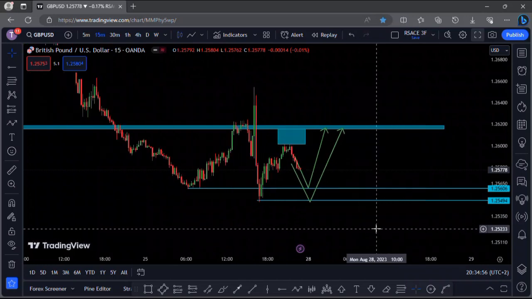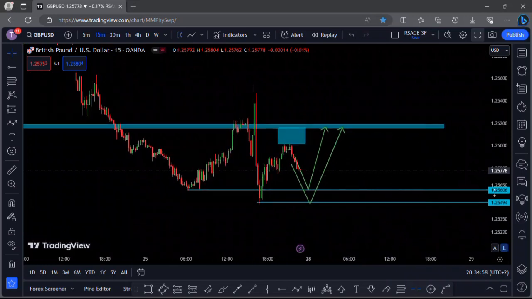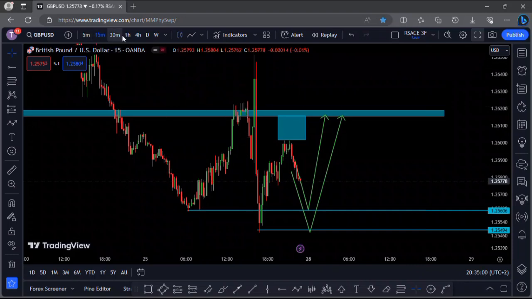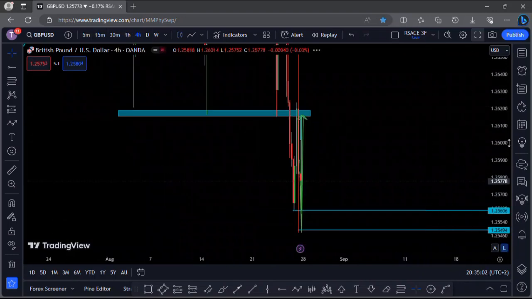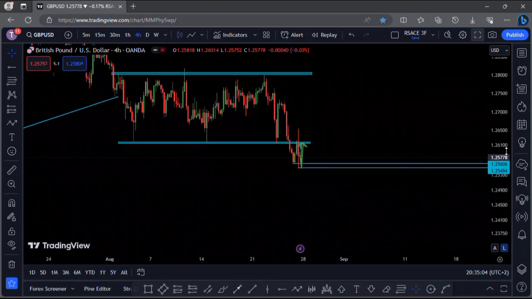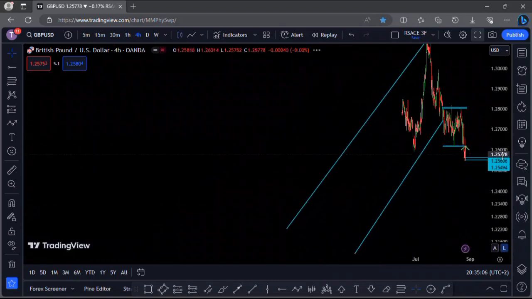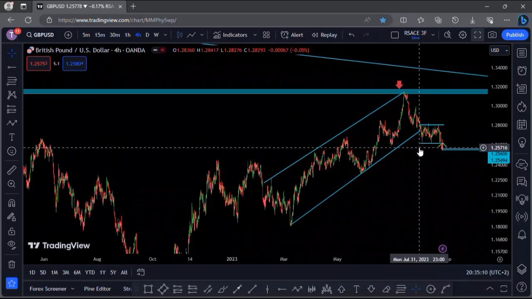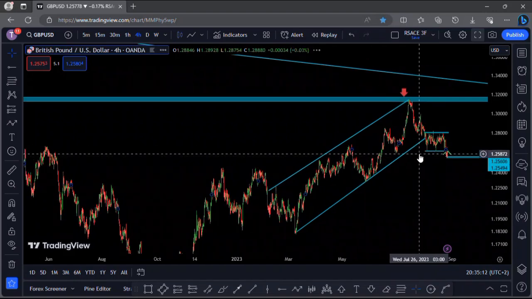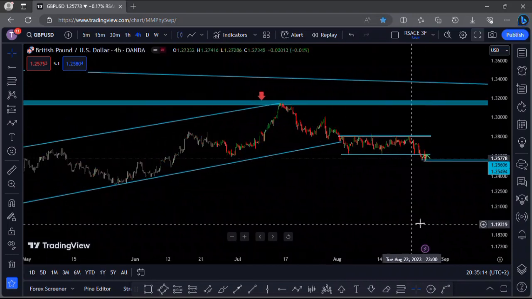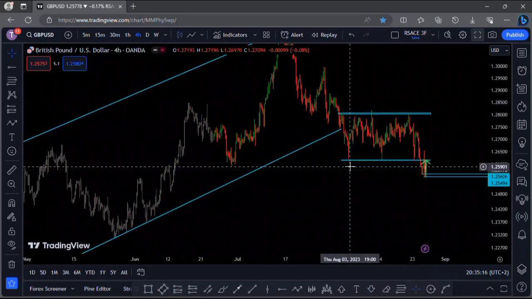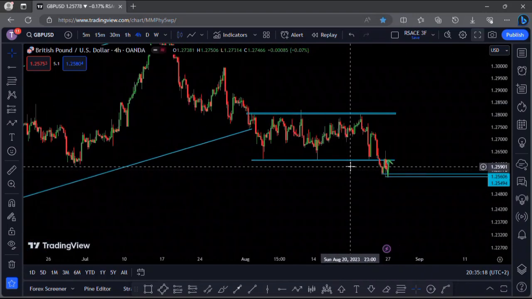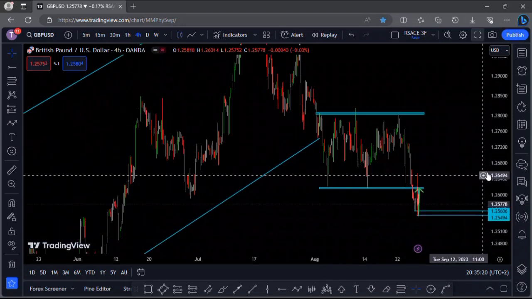So in this case, I think this one is not safe. But it was a clean one. I still think we will capture selling opportunities. I just don't know where, but we will get those selling opportunities on GBPUSD.